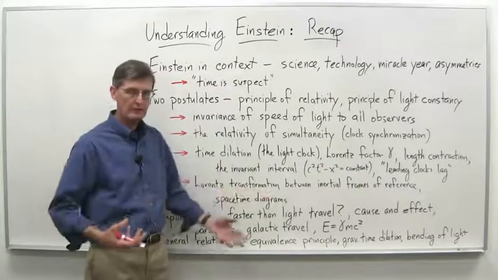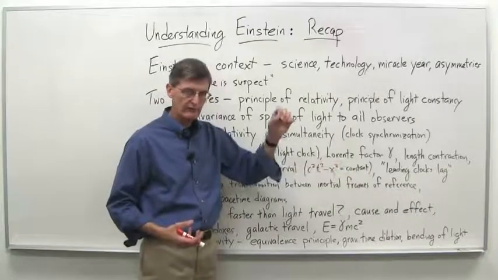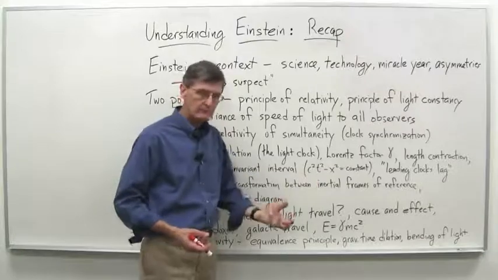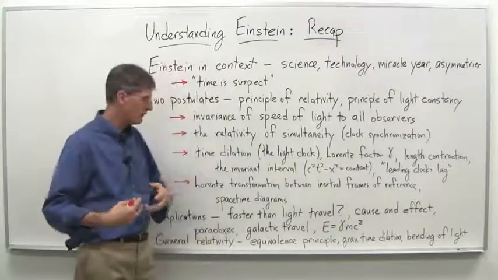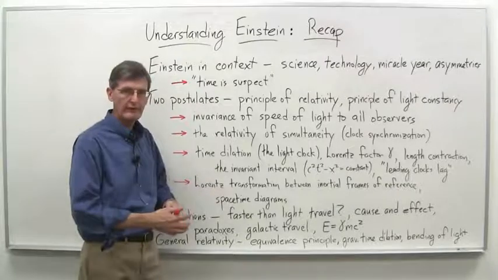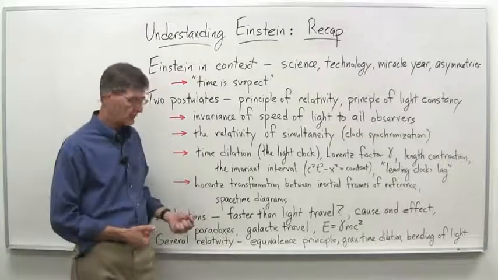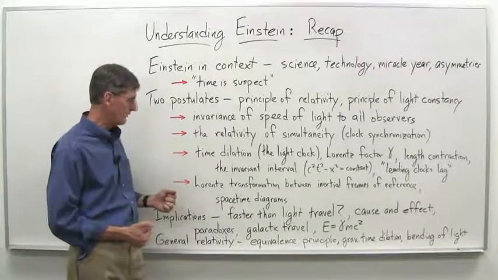Again, with Bob and Alice, if Bob measured a certain event in his frame of reference at a certain position and a certain time, and we knew the velocity between his frame of reference and Alice's frame of reference, we could very easily figure out where that event would occur in space-time in Alice's frame of reference. So that was why the Lorentz transformation became handy to do things like that.